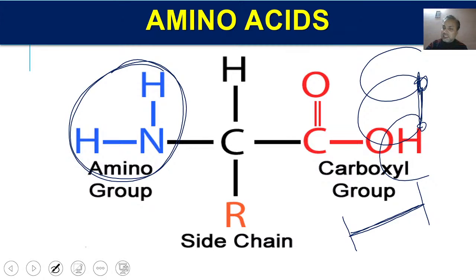So this distance is perfectly fit for the formation of a hydrogen bond. If you enlarge this distance, like forming a bond between first and sixth, the distance is large, so the hydrogen bond will not form, or between first and third, the distance is small, so that time also the hydrogen bond will not form. So the distance should be perfectly fixed so that the hydrogen bond will form. If it has more distance or less distance, the hydrogen bond will not form.